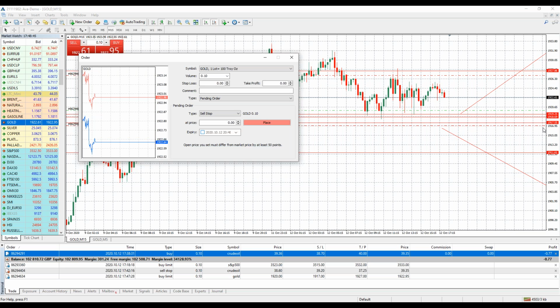If it gets down to 1916.50, with my take profit at the next support level down here around 1912, and my stop loss just back above that, maybe up to 1920. A little bit more potential profit, about $4.50 per ounce, than my risk, which is about $3.50 per ounce.